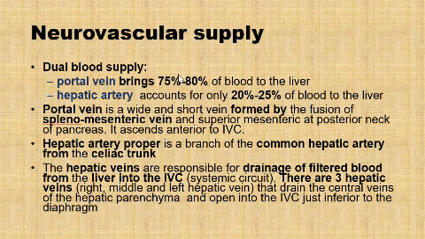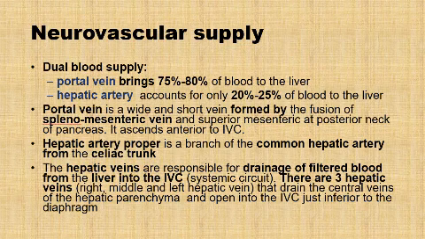This is not about the blood of the whole circulatory system. No, it is about the blood in the liver. Blood in the liver contains 75 to 80% from the portal vein and 20 to 25% from the hepatic artery.